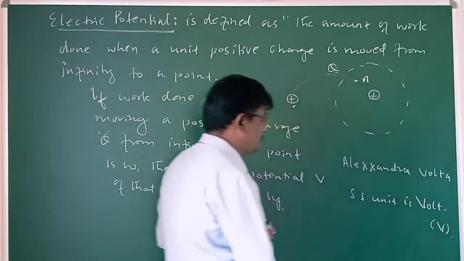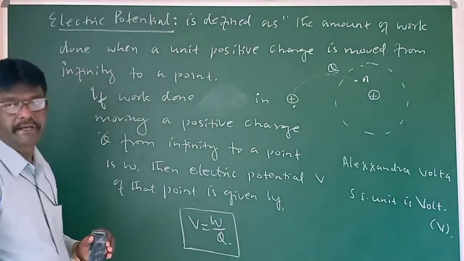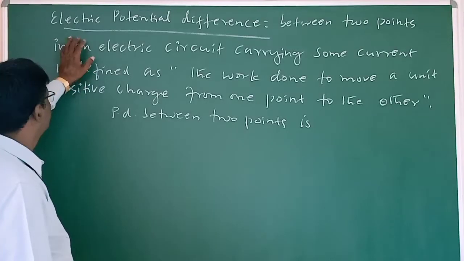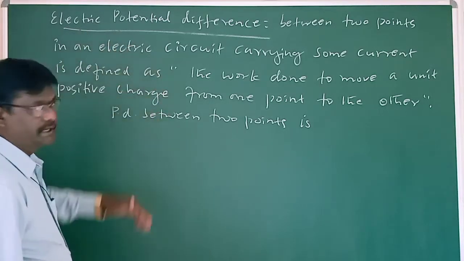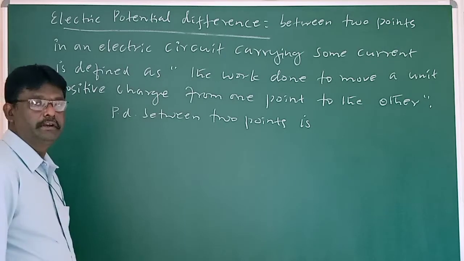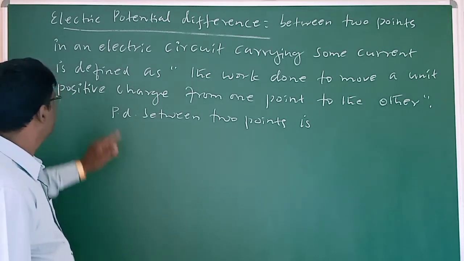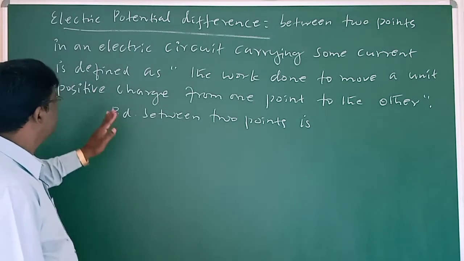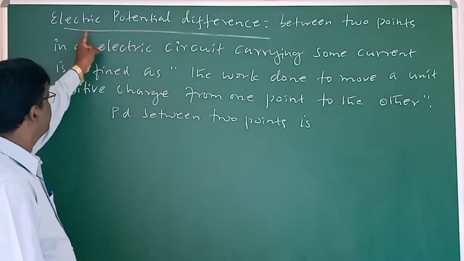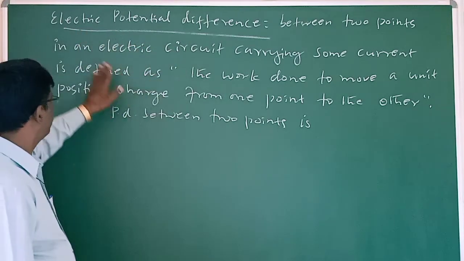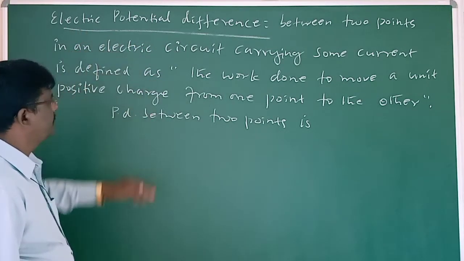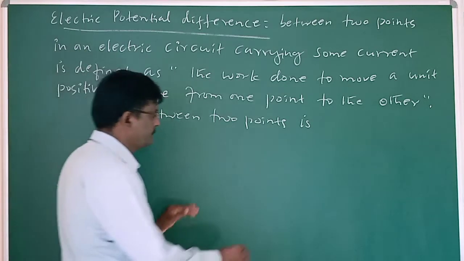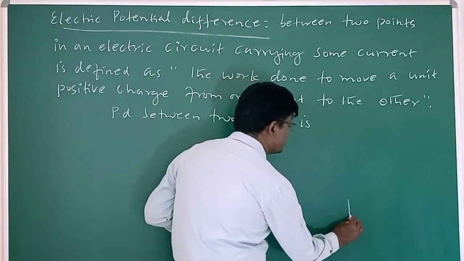Okay children. Now we shall define electric potential difference between 2 points in an electric circuit. Consider a simple electric circuit.